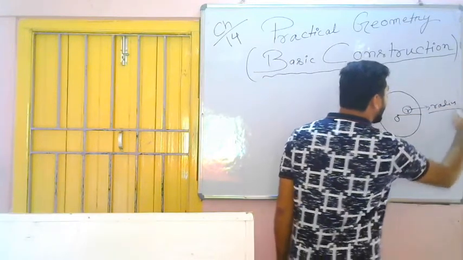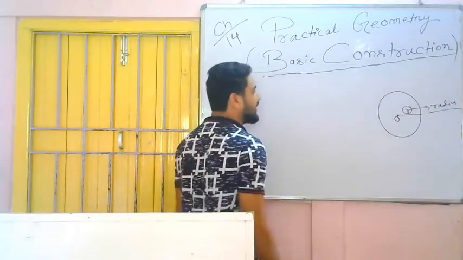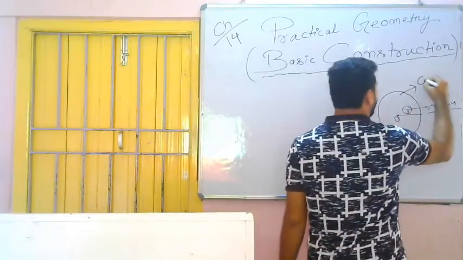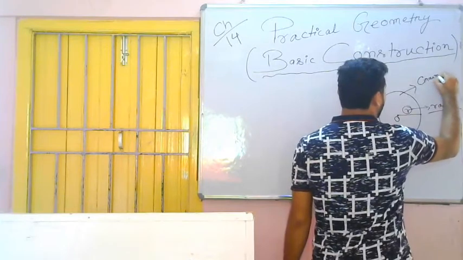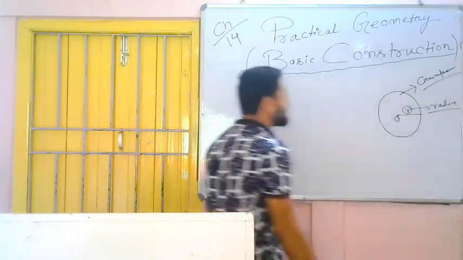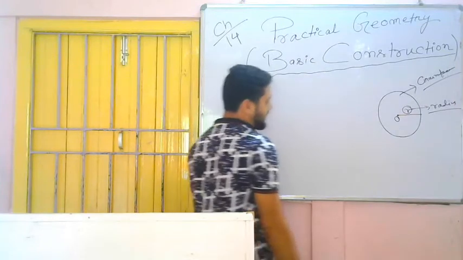These are the parts of the circle, and the boundary that we get is called the circumference.